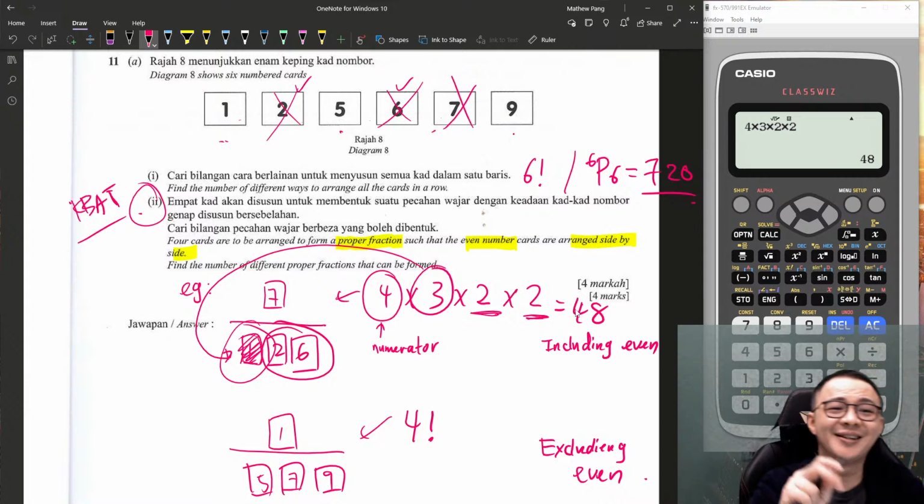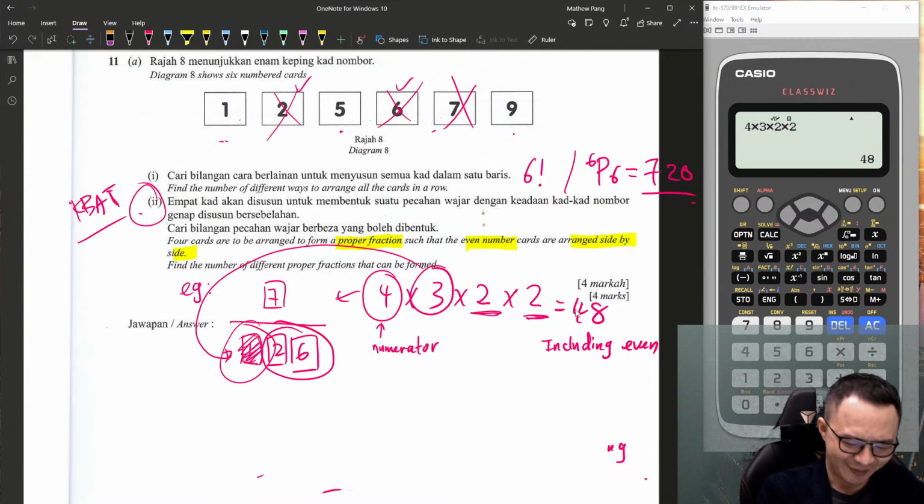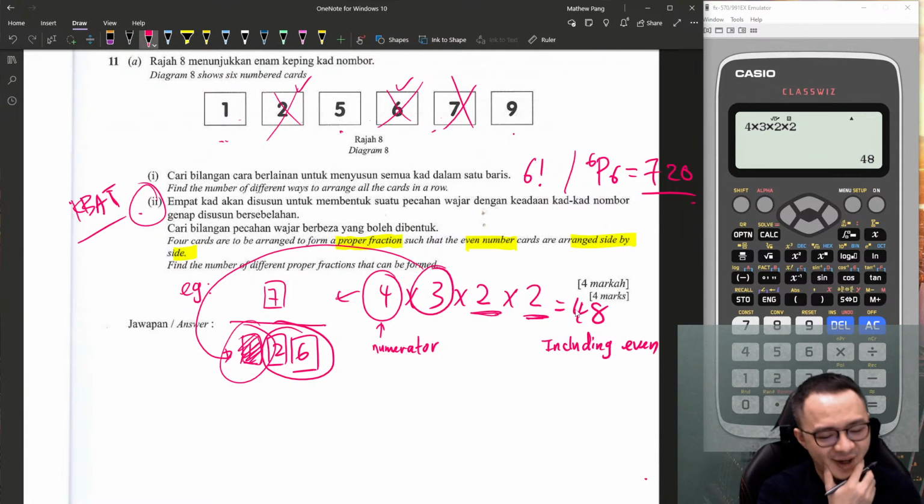Okay, we just assume we cannot do it without even card. Because if I do it myself, I would just think I can have the fraction without even card. But here they say such that the even cards are arranged side by side. Okay, we just assume the even card is a must.